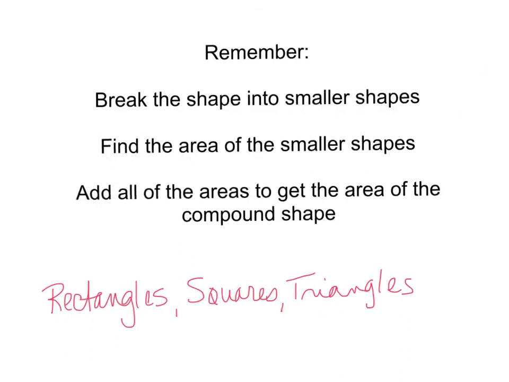Well, the good news is you already know how to do that. For rectangles, area is length times width. For a square, it's the side squared, or length times width. For triangles, it's base times height divided by 2. And then you're going to add all the areas to get the area of the compound shape.